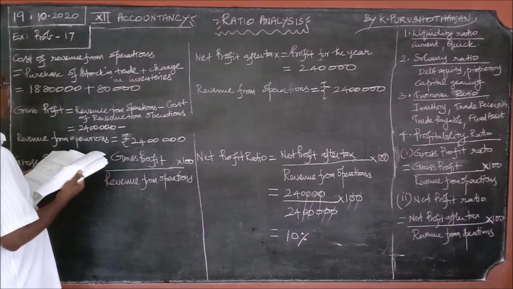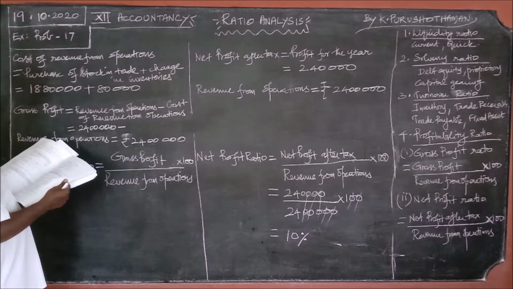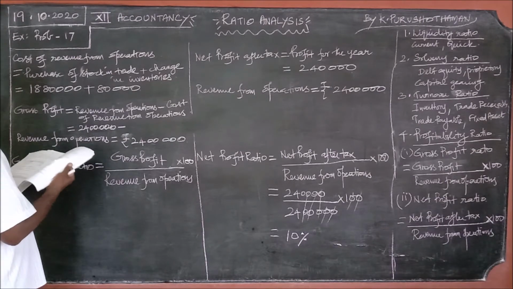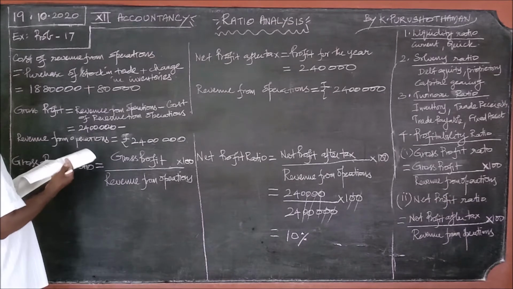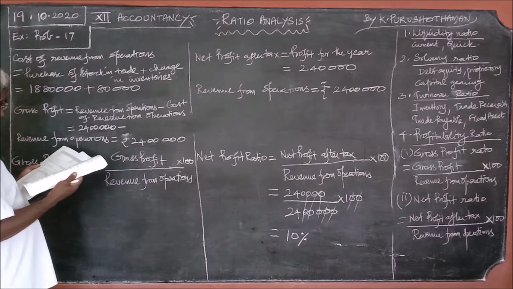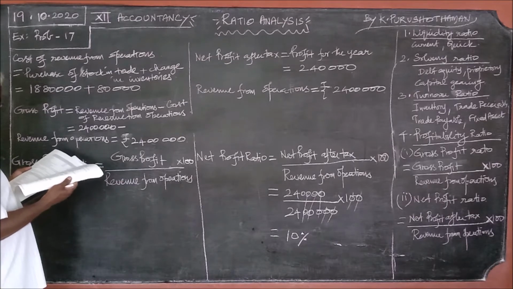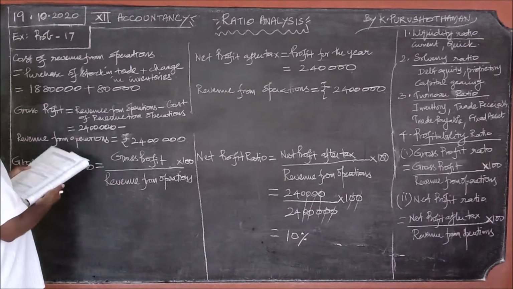But anyhow, we should find what the direct expenses are in this problem. What are the expenses given? Employee benefit expenses, other expenses, then total expenses are given.